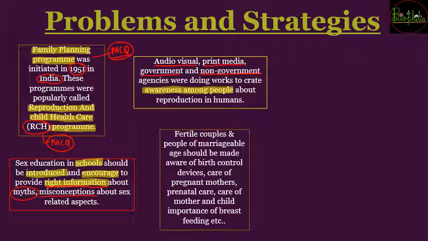Next was, it was very important for the fertile couples. So जो fertile couples है, even the people who are of the marriageable age, उनकी शादी होने के age है, they should understand or they should get the right information about the birth control devices, the care of pregnant mothers, prenatal care, so before the baby is born, how the care should be taken of the mother as well as the child, and all such things should be known to the fertile couples as well as people who are of the marriageable age.